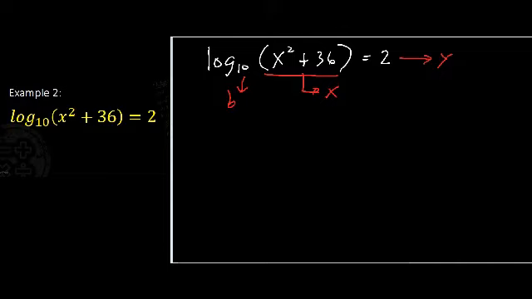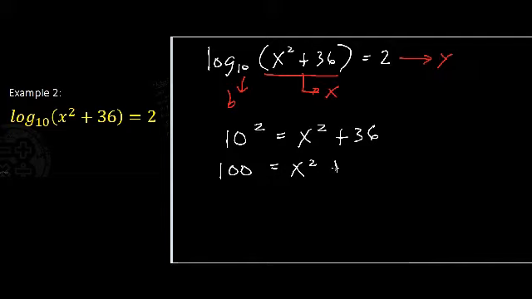So, if we will consider our format ng ating logarithmic function, so that will be base 10 raised to the exponent of 2 is equal to x squared plus 36. So, compute natin. Si 10 squared ay 10 times 10, so that is 100, is equal to x squared plus 36.